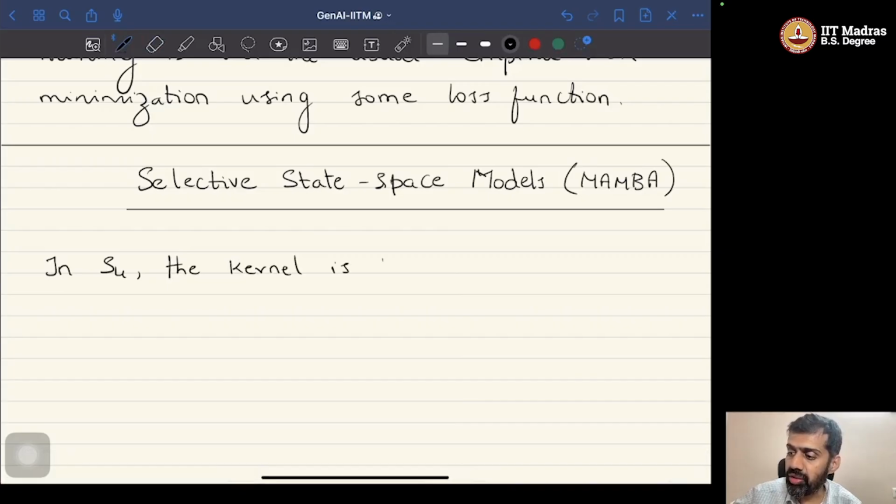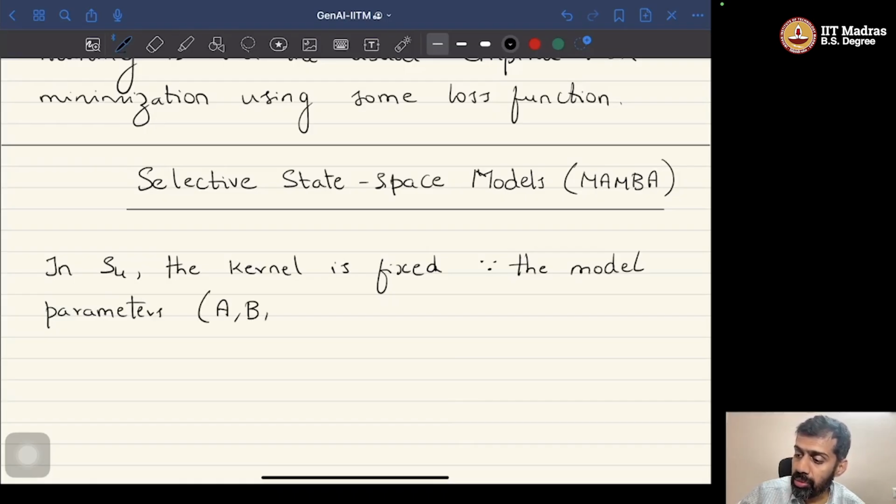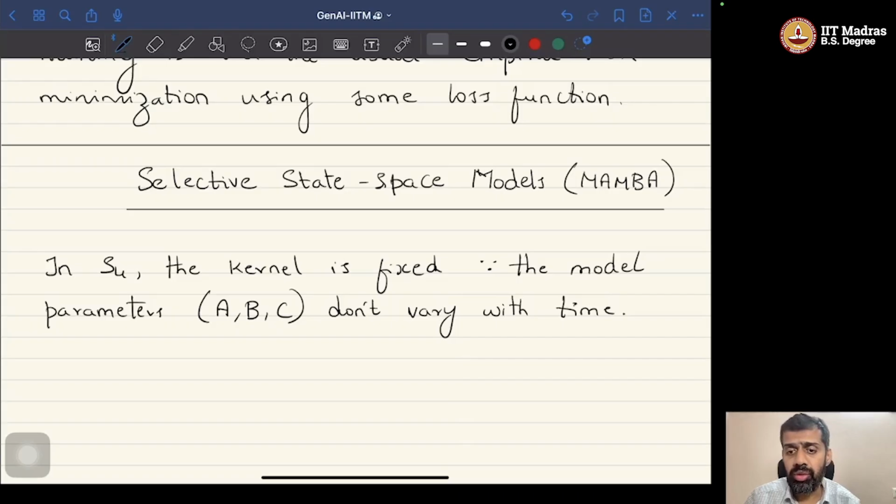This happens because the model parameters, which are the ABC parameters, do not vary across time. So this is a known drawback of the S4 model, that the kernel is fixed because the model parameters don't vary with time.